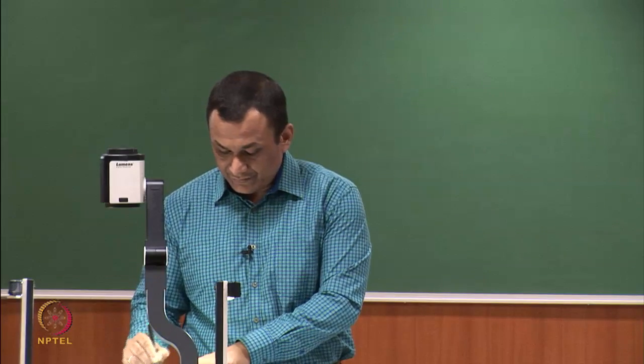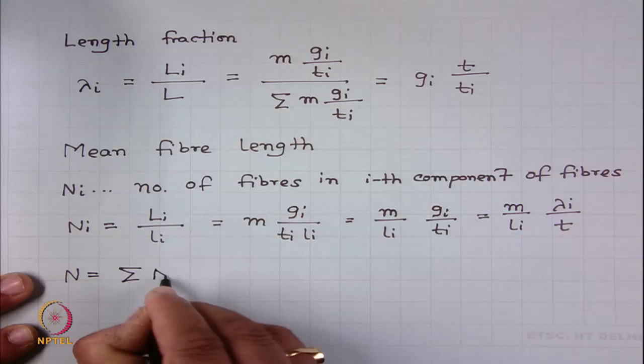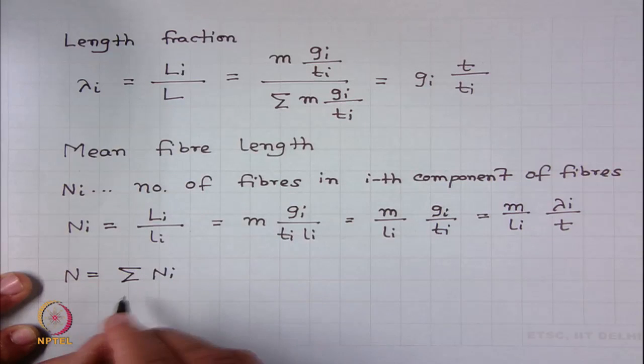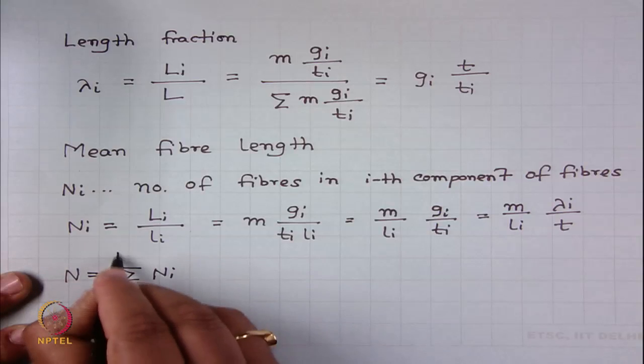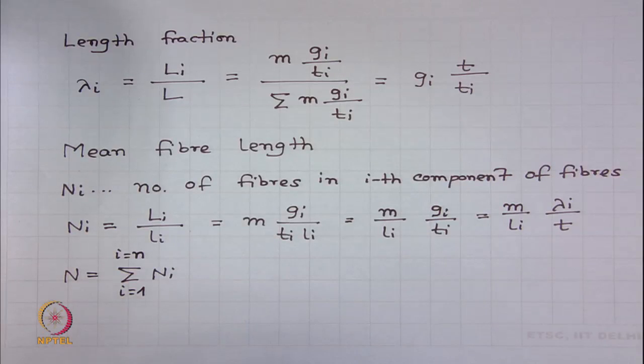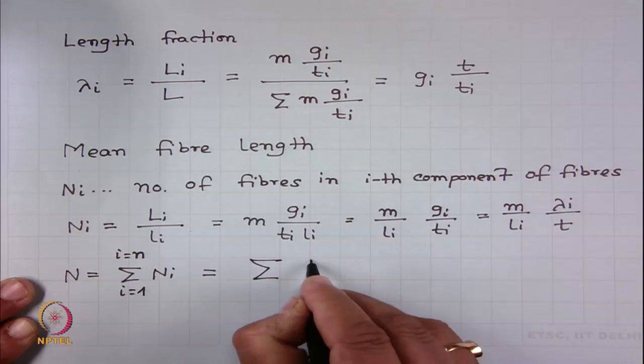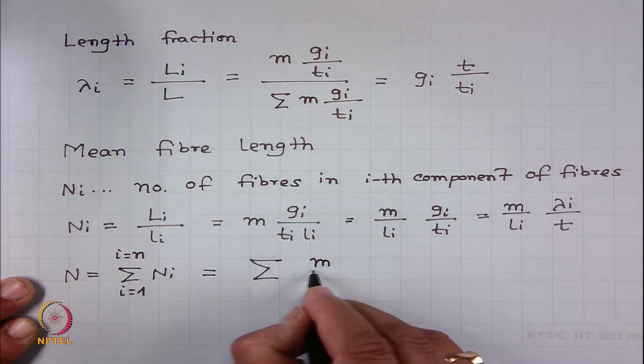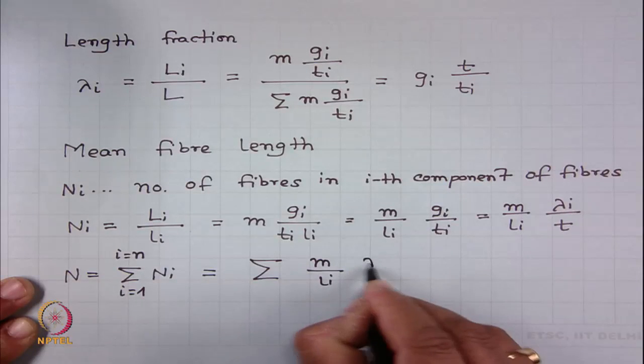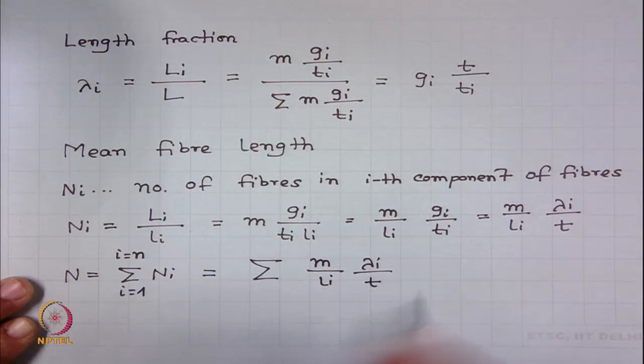Capital N is equal to summation of n subscript I, where the summation is from I equal to 1 to n. So, what is n subscript I? M divided by Li, lambda I by T.